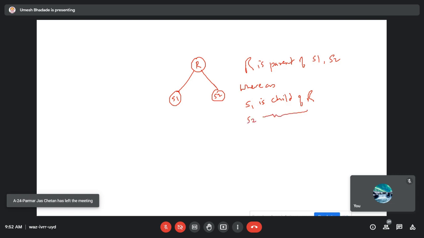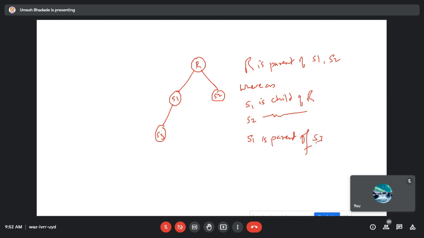S2 is also child of R. Suppose I have one more node here, say S3. Then S1 is parent of S3, and S3 is child of S1.